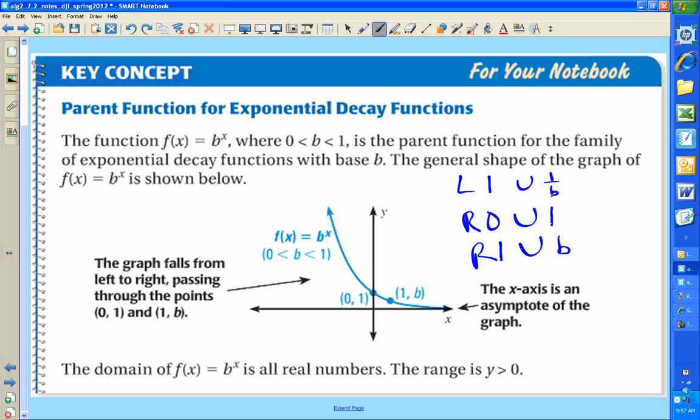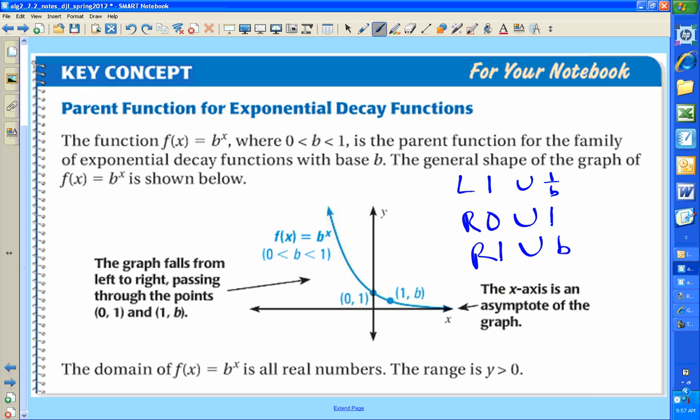All right, now here's the deal. When b is less than 1 and greater than 0, it's going to change what happens on the graph. It's still right 1, up b, but b now is going to be a fraction that's smaller than 1. So right 1, up less than 1, right 0, up 1, and when we go left 1, we take the reciprocal, 1 over b, and we end up going up something more than 1.